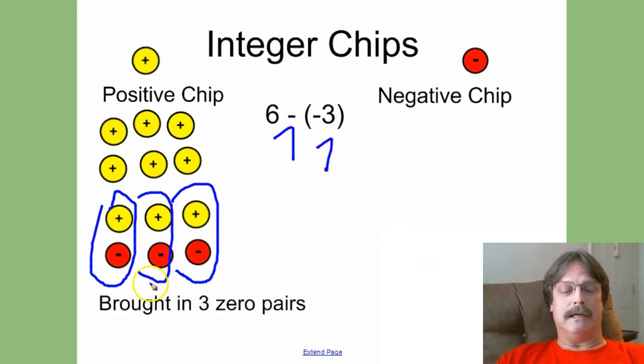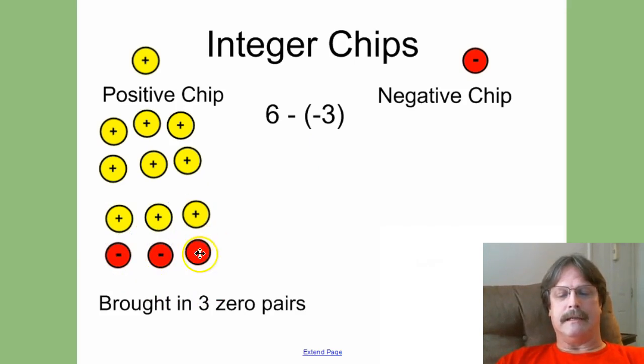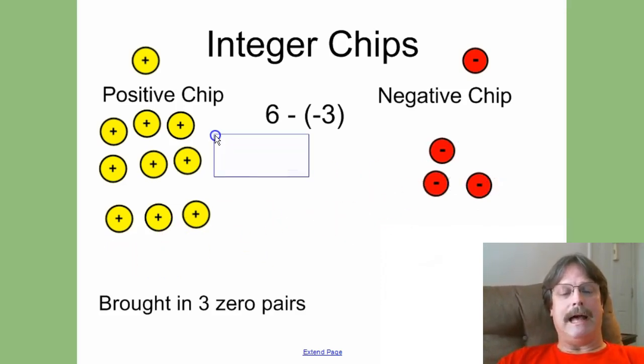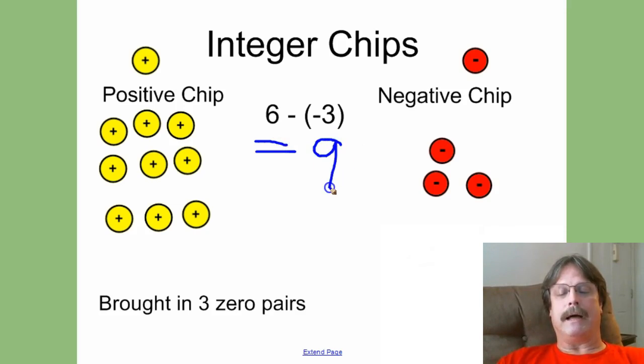Yes, I do, because I have the 3 right here. So I'm going to take these 3 away: 1 negative, 2 negatives, 3 negatives. Then I count how many positives remain: 1, 2, 3, 4, 5, 6, 7, 8, 9. So I have 9 positives remaining, and 6 minus -3 equals positive 9.